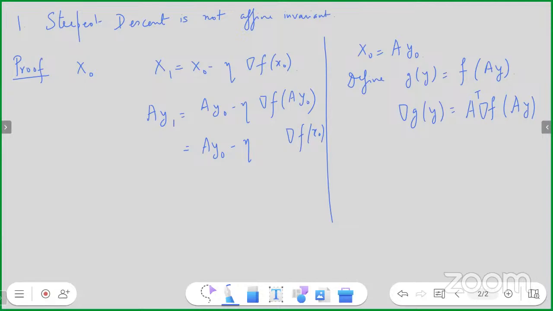If we are not getting an A inverse there, then the update is not the same as x1. If we are choosing a y coordinate, this is a new coordinate system.